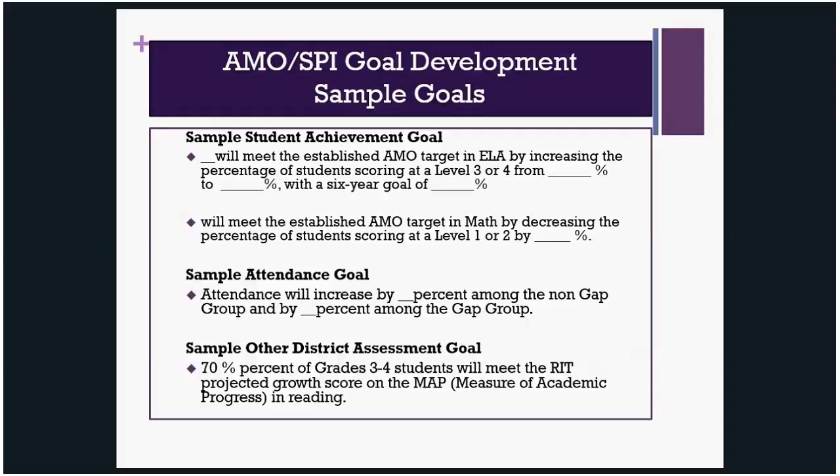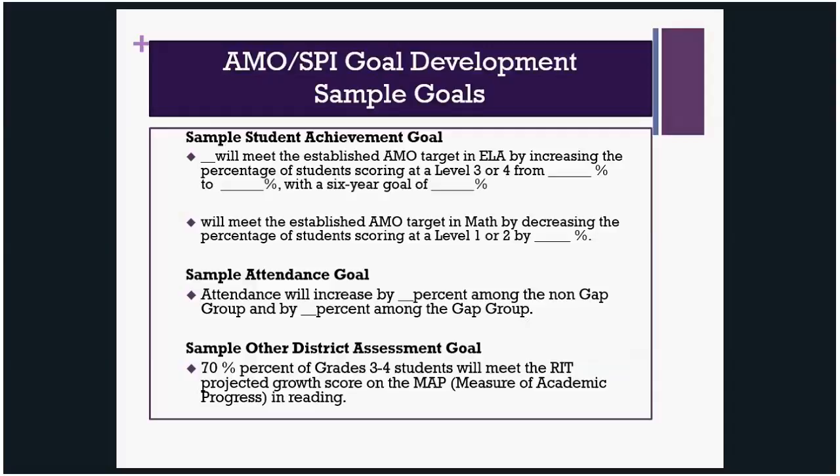Here's a sample attendance goal. Attendance will increase by blank percent among the non-gap group and by blank percent among the gap group. And then the last sample goal that I have is maybe you're going to use another district assessment. And remember, if you choose to use a district assessment for your goal, then whatever assessment you're using needs to be in line with the SBAC.